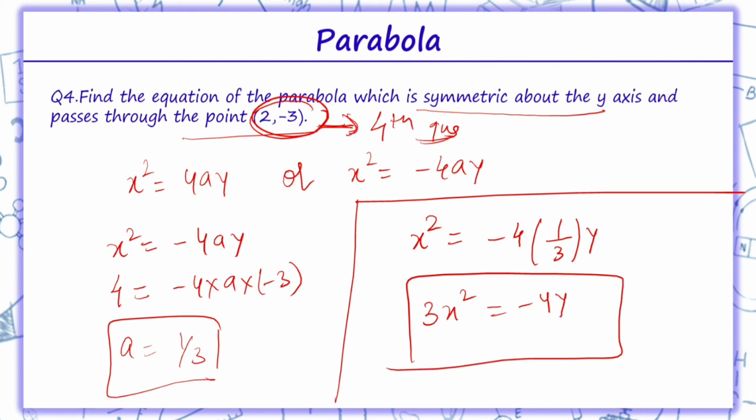This is the required equation of parabola which is symmetric about the y axis and passes through the point (2, -3). So in today's video we studied about the concepts of parabola and the questions related to it.